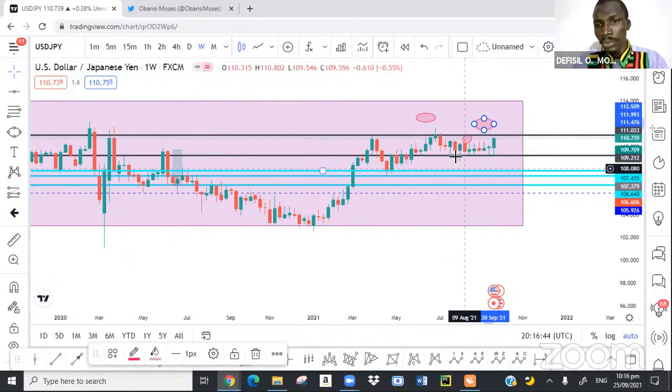But taking a look at the lower part, it has met that point 1, 2, 3, 4, 5, 6, and possibly 7. And each time it met at the lower point, it has a stronger rejection from the buyers against the sellers.